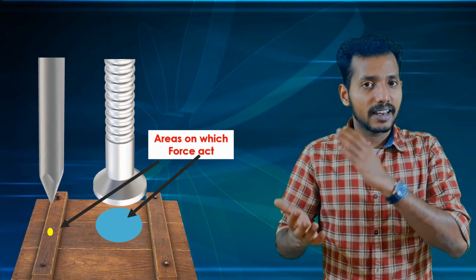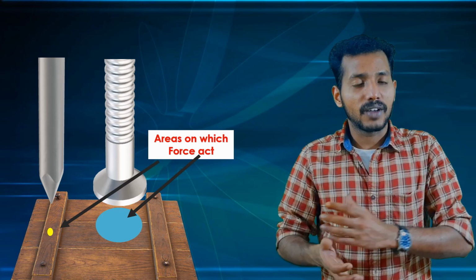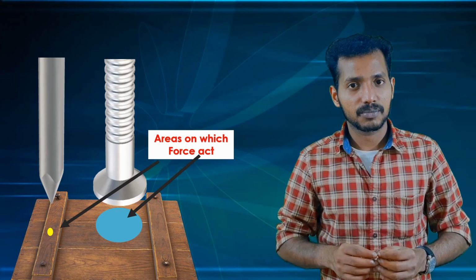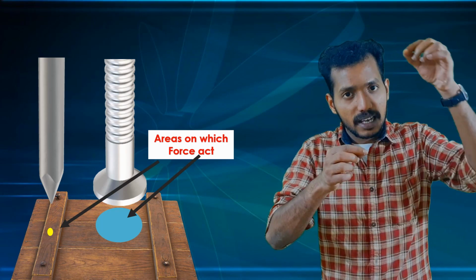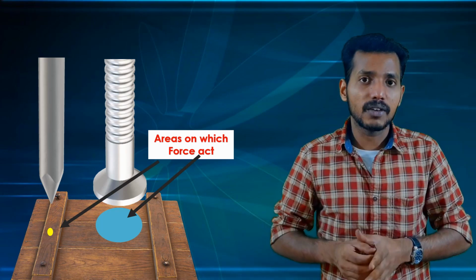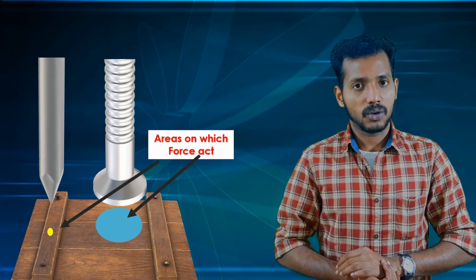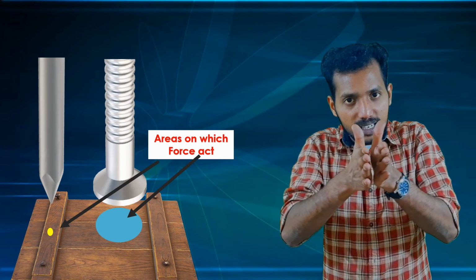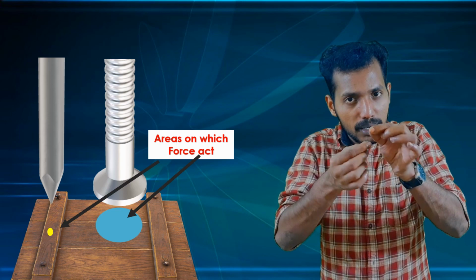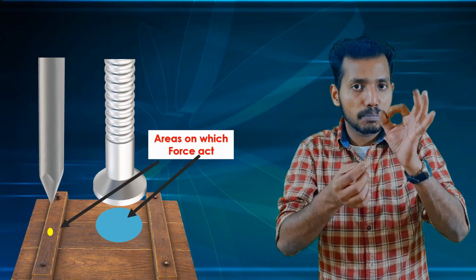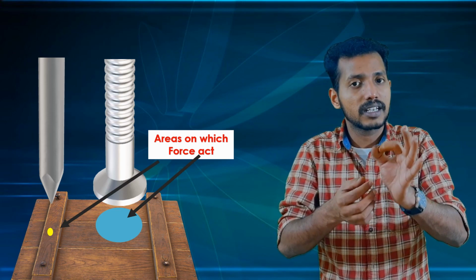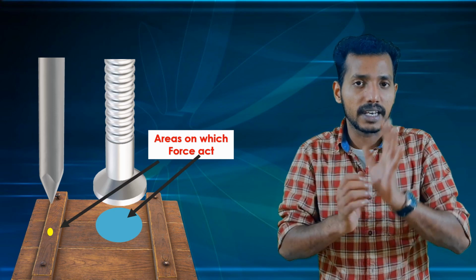In a similar way, in the case of force, when the area increases, the force applied on a unit area will decrease. Unit area means a single area or one area.